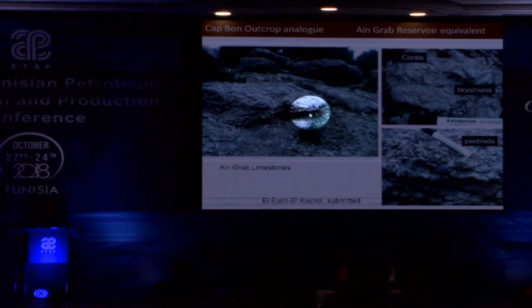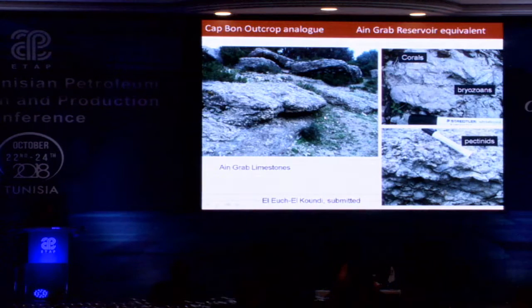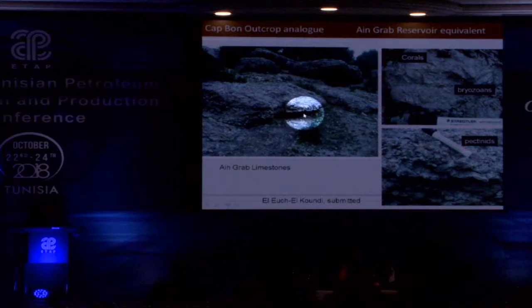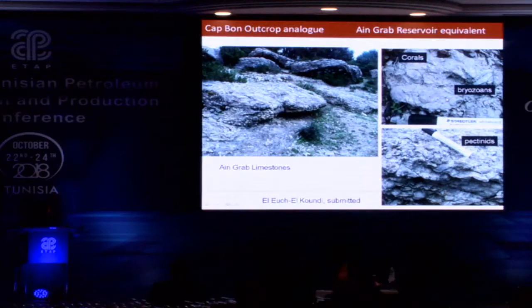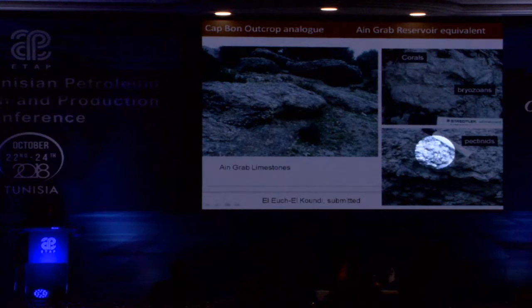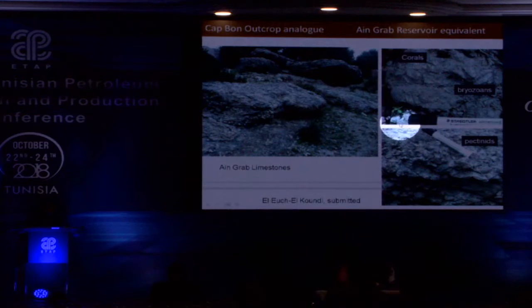Here we see the limestone of the Ain Ghrab formation, a transgressive limestone that overlies the Fortuna group. This mudstone to packstone limestone presents mainly bryozoans, marine fauna, corals and pectinids. This fauna can dramatically increase the reservoir quality.